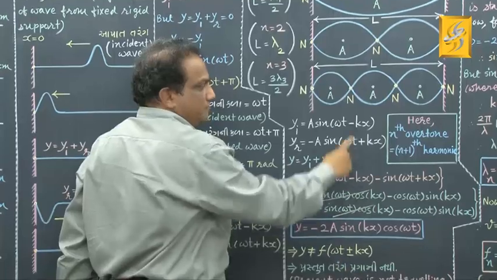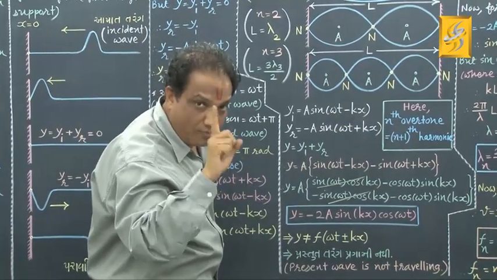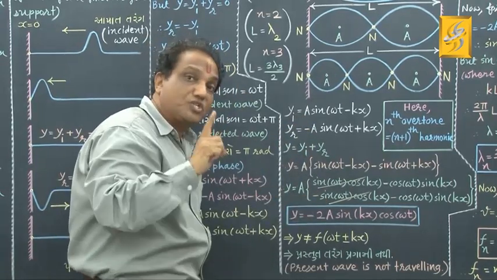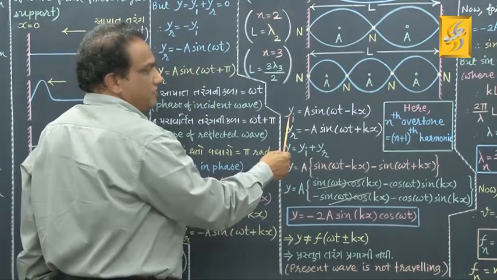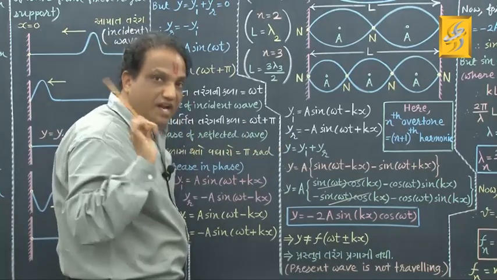Correct? The change of sign inside is due to reversal of direction of propagation of the wave, and the change of sign outside is due to reversal of shape of the wave. This is the equation which represents the incident wave. This is the equation which represents the reflected wave.